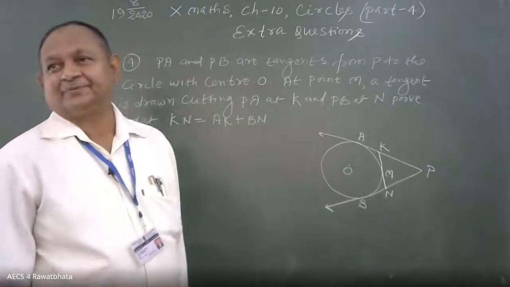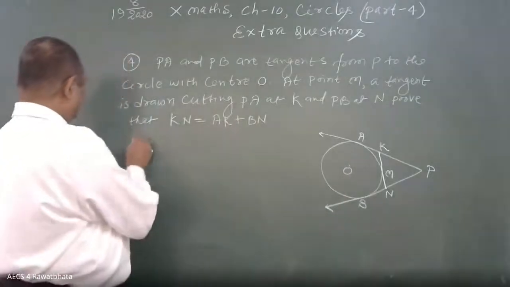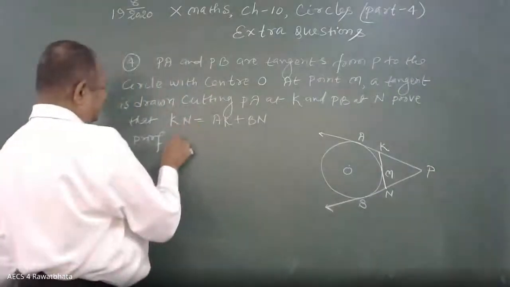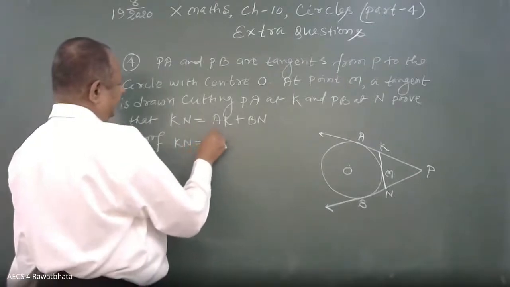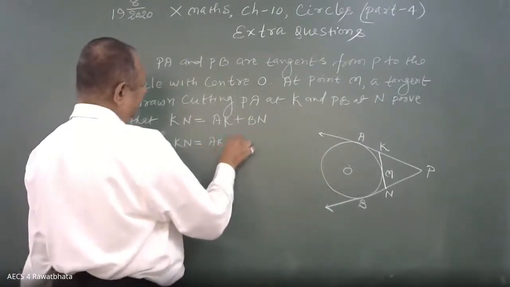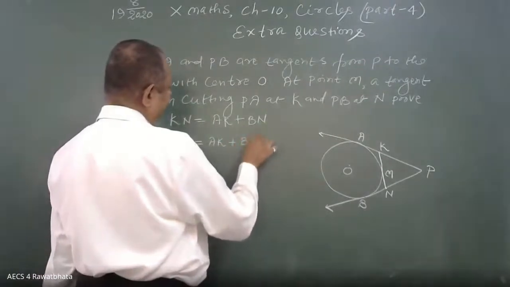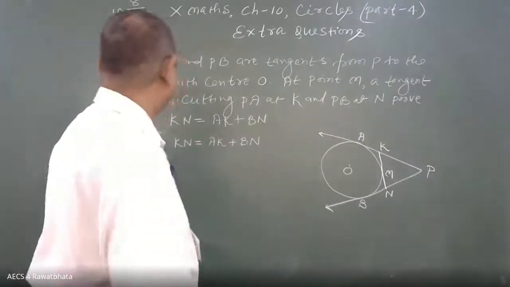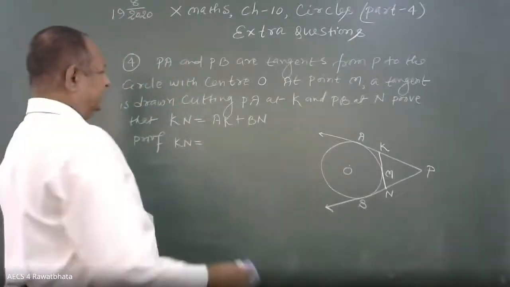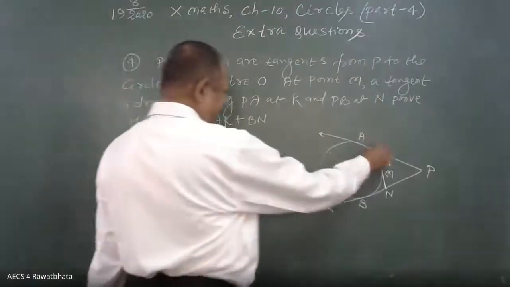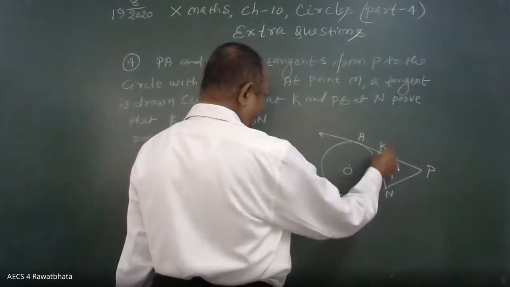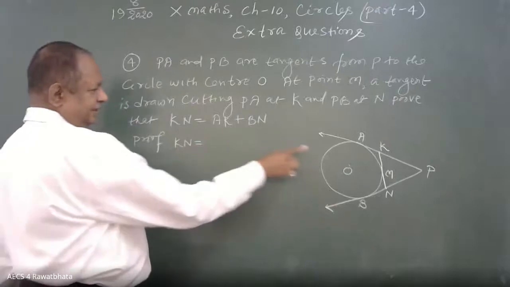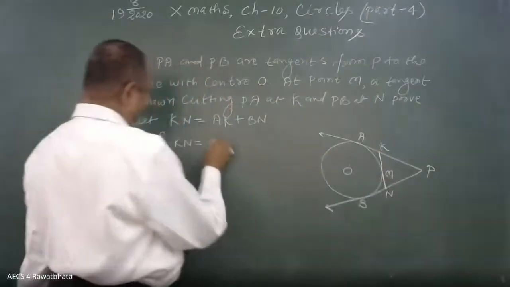Now proof. KN is given. KN is equal to AK plus BN. This we have to prove. This KN can be written as KM plus MN.